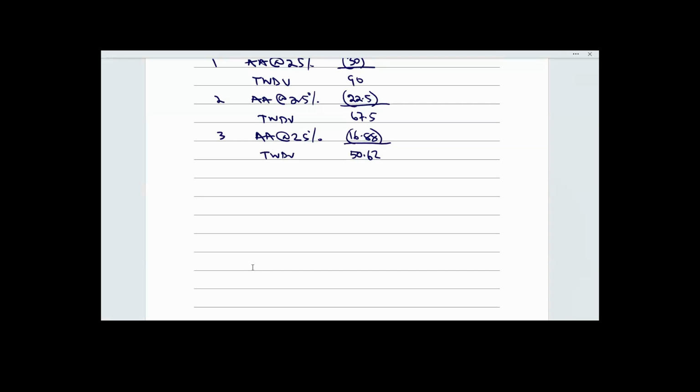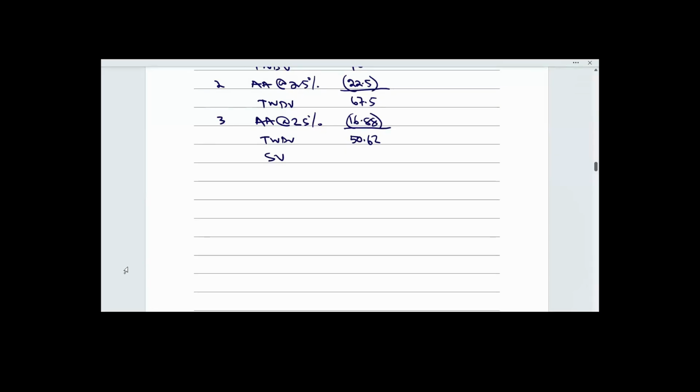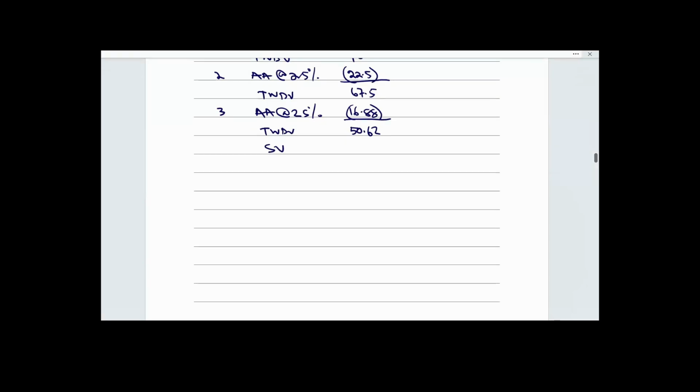Remember, the useful life of this equipment is 4 years. So the 4th year is the final year. In this case, you need to compare the tax written down value of year 3 with the sales proceeds of year 4, to see whether it will result in balancing allowance or balancing charge. So I will then come here, scrap value. According to the question, we are told that this equipment will be disposed of for 10 million naira.